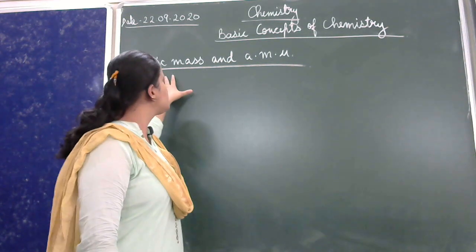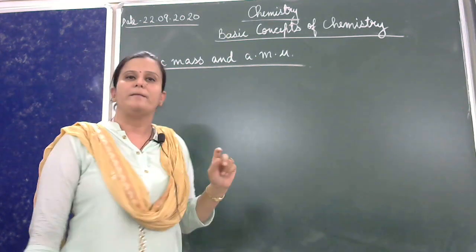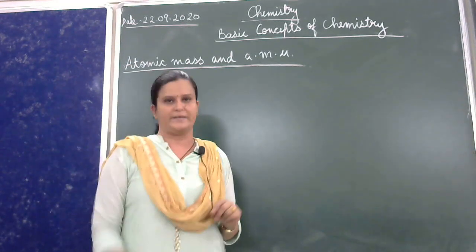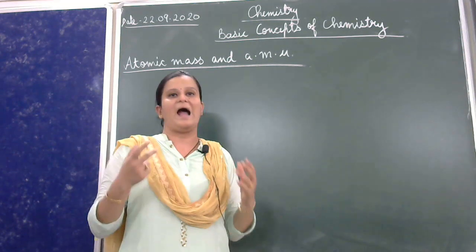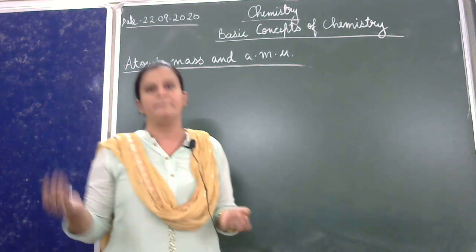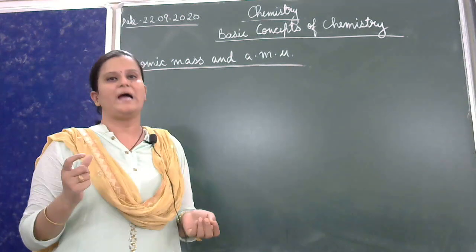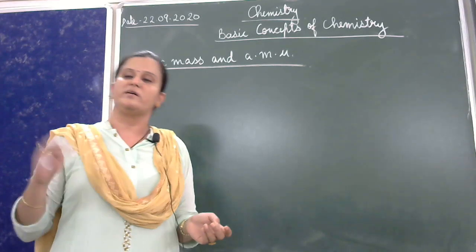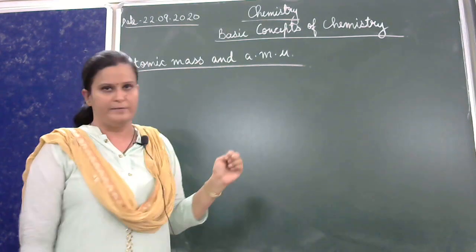So, what did they think? They thought it's better to find out the atomic mass of an element with respect to a standard atom. Out of so many atoms of elements being discovered, they took one atom of a particular element as standard or reference, and with respect to that, they measured the atomic mass of different elements.